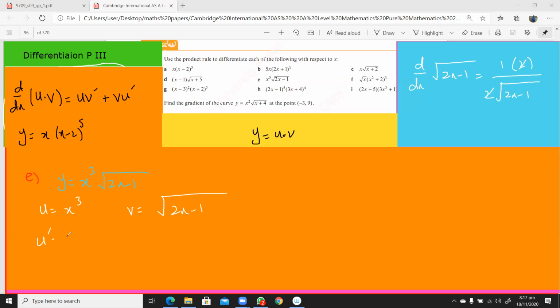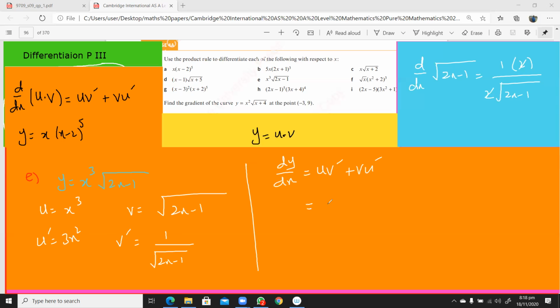Okay, so u dash is going to be 3x square, and v dash is 1 over the square root of 2x minus 1. So it's time to put that into this dy by dx, which is uv dash plus vu dash.